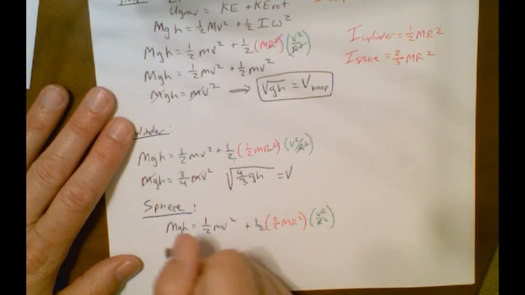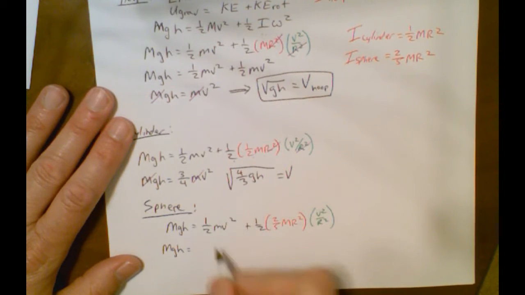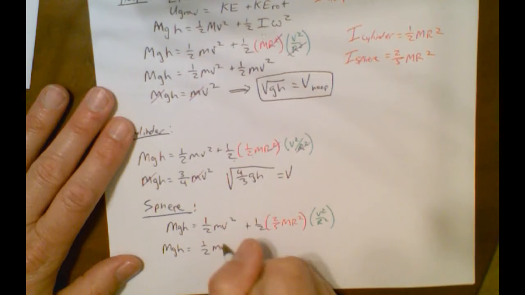And what I end up getting here is mgh equals 1/2 mv squared.